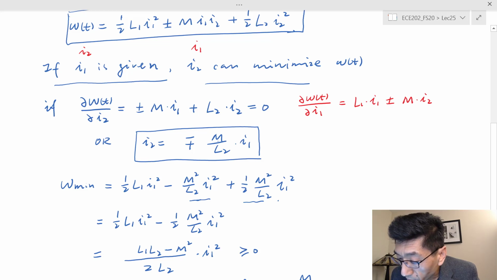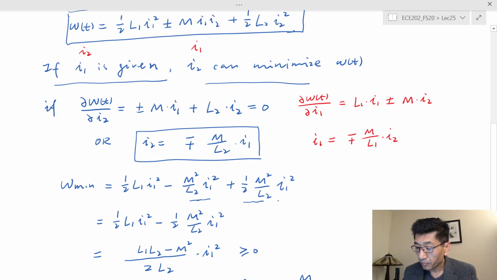And the condition for this is I1 is going to be equal to minus or plus M over L1 times I2, right?